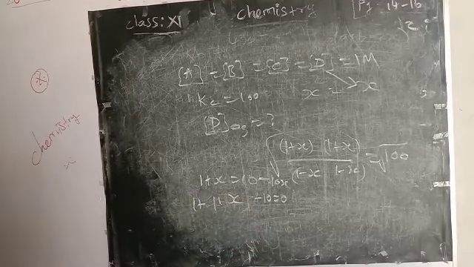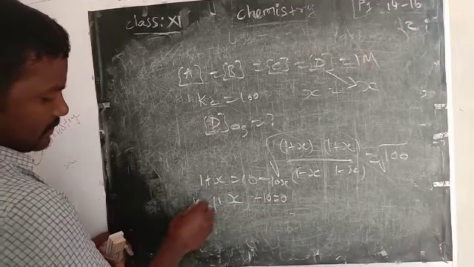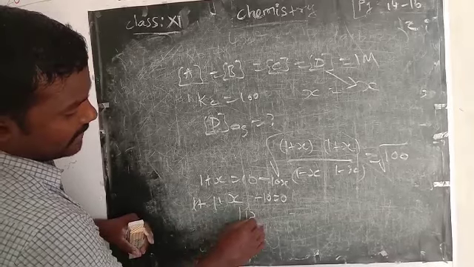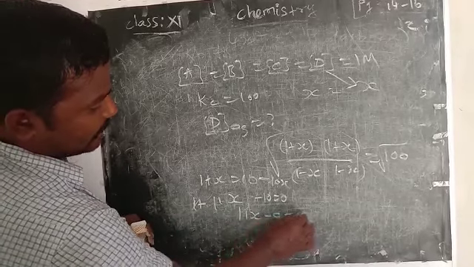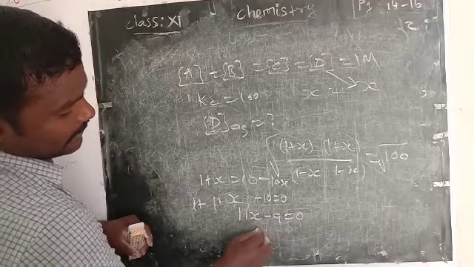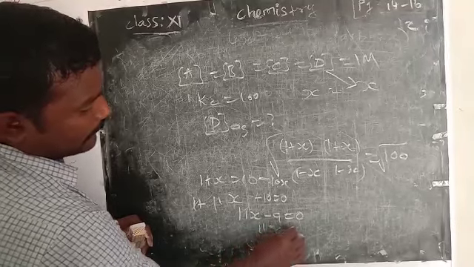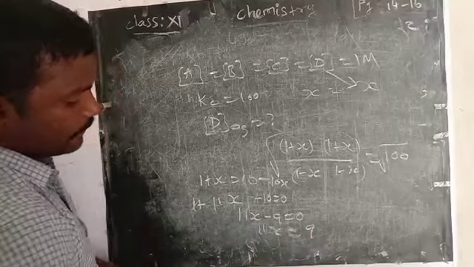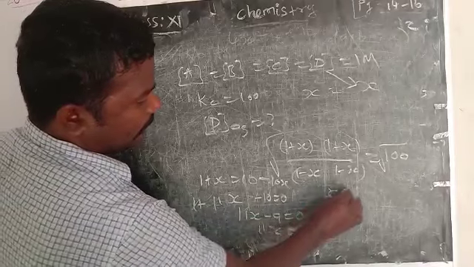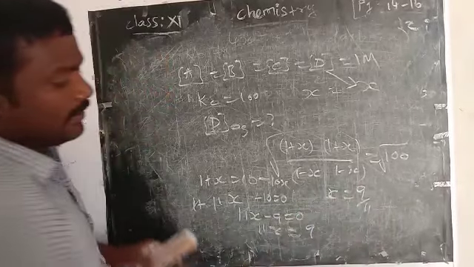So 11x minus 10 plus 1, so 11x minus 9 is equal to 0. Then 11x equals plus 9. X equals 9 by 11.